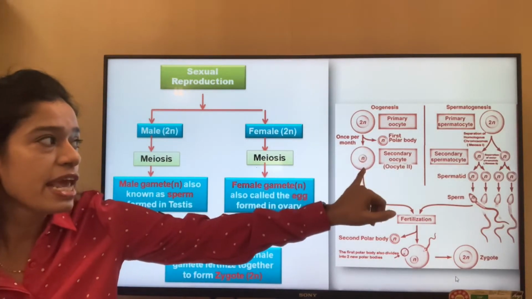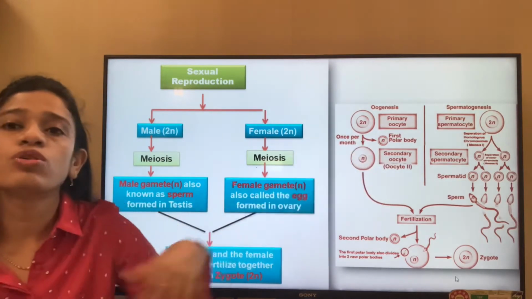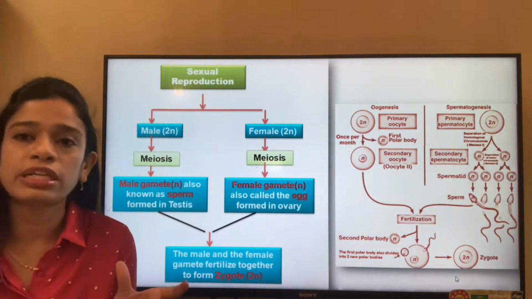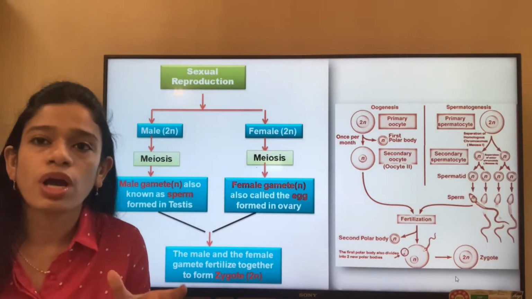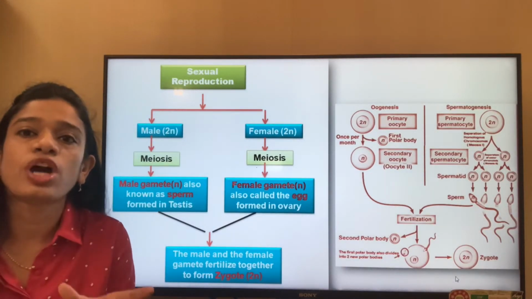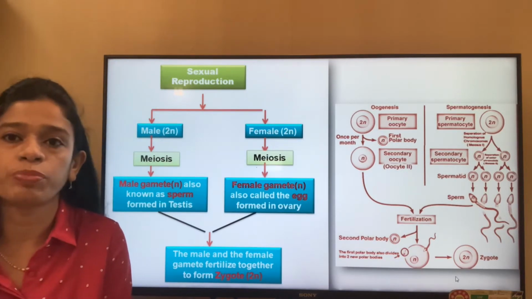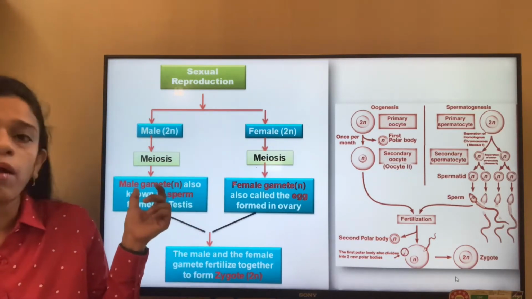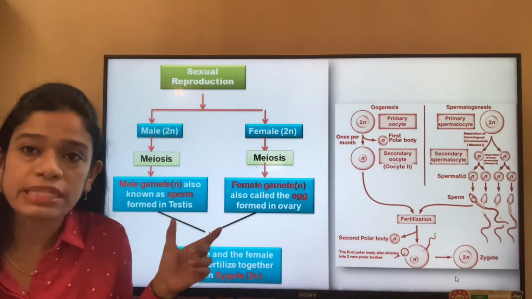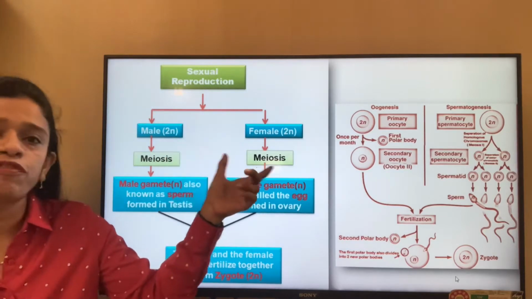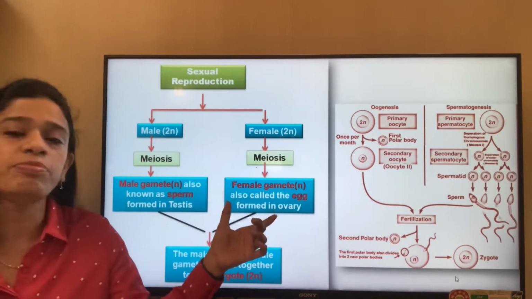Here you can see this 2N undergoes the process of meiosis and gives rise to a special kind of cells which are prepared only for sexual reproduction, and they are called gametes. These gametes are of two types based on male and female: male gametes and female gametes.